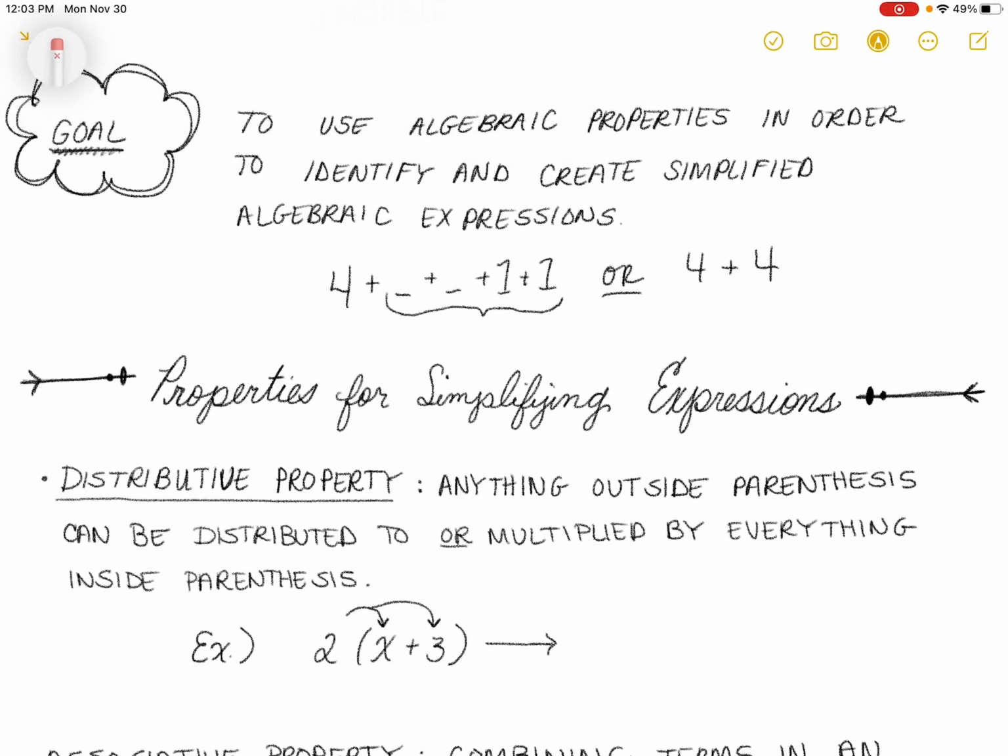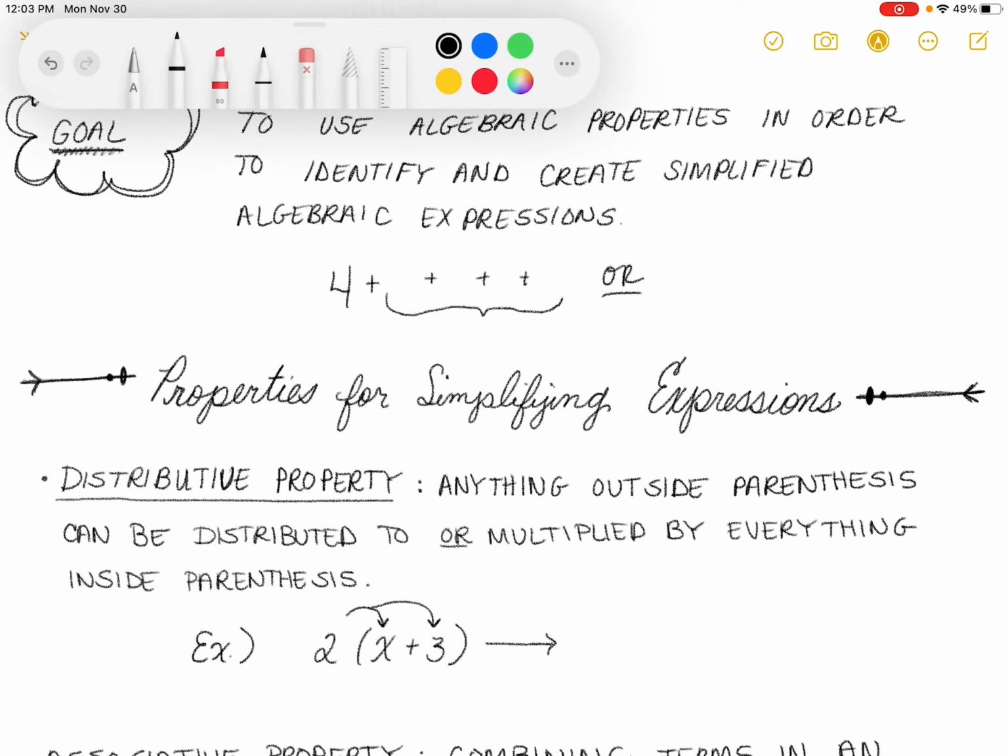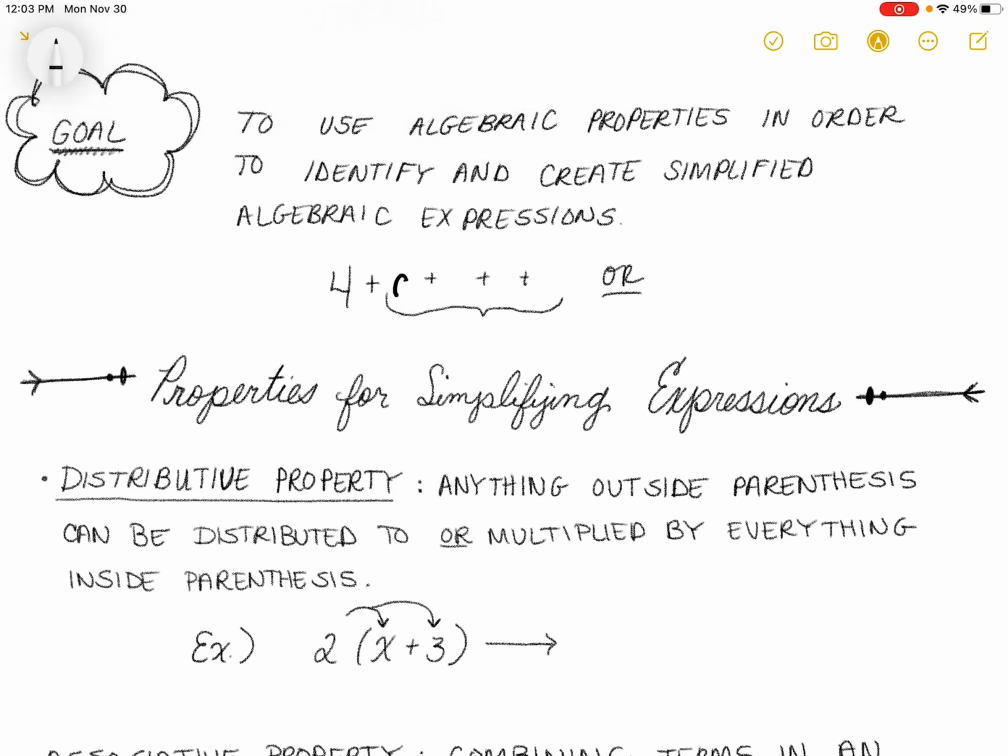The same concept stays true when we add in an algebraic expression. So 4 plus A plus A plus A plus A. This is the same as saying 4 plus 4A, because we have 1, 2, 3, 4 A's.